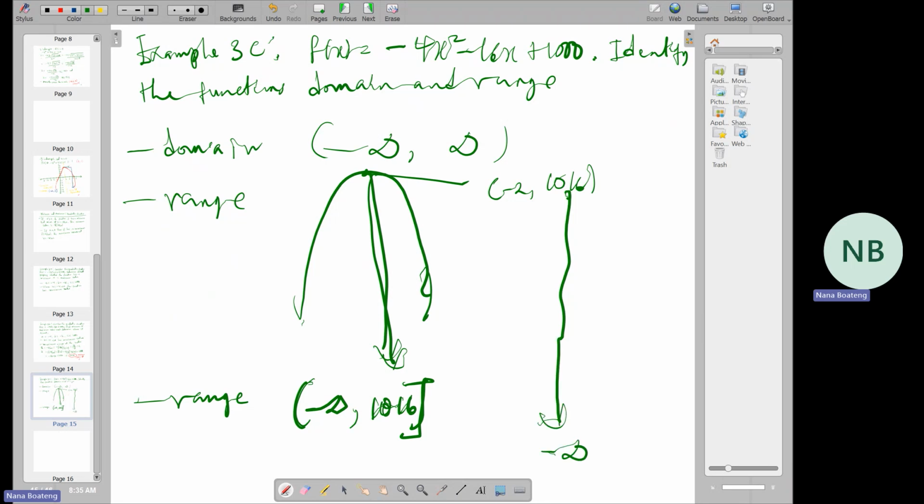So this should be the domain and range. And its maximum occurs at the vertex. The maximum point always occurs at the vertex.